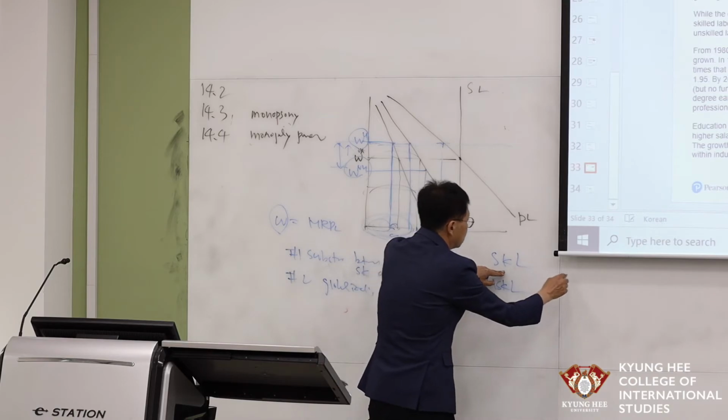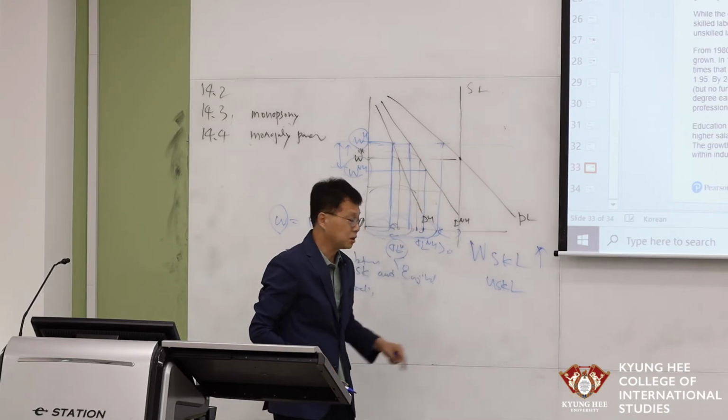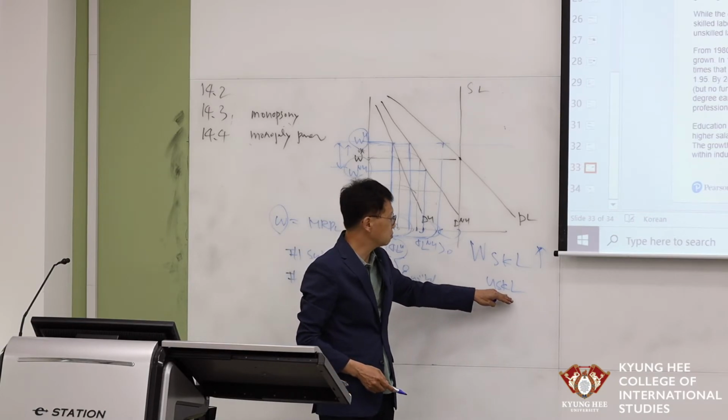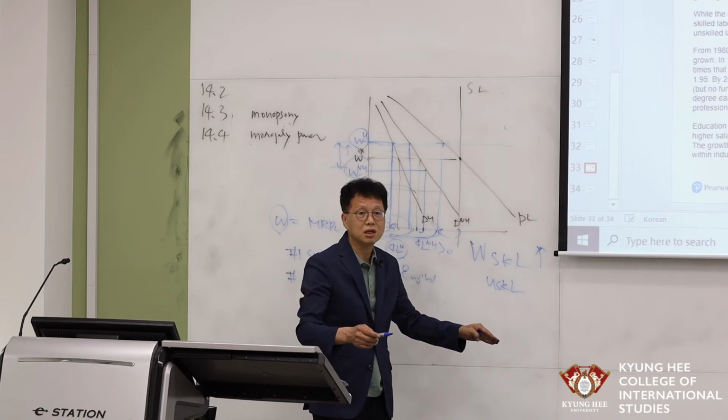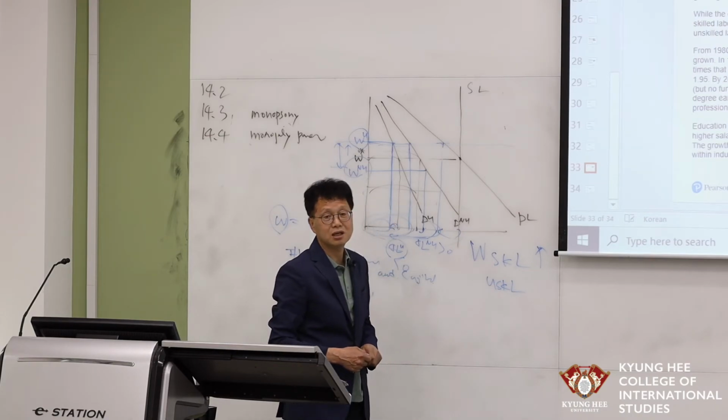So the wage rate of skilled labor increases. But unskilled labor, right? Unskilled labor basically means high school graduate workers. Unskilled labor demand shows a decreasing trend or stays the same, right? But supply of unskilled labor increased greatly in the United States. Why?